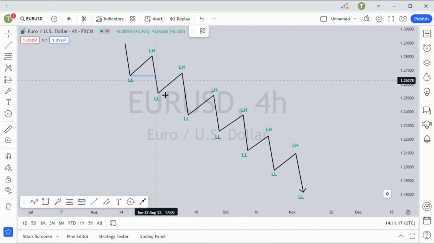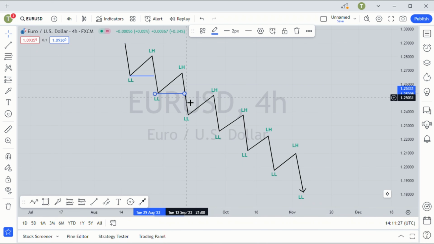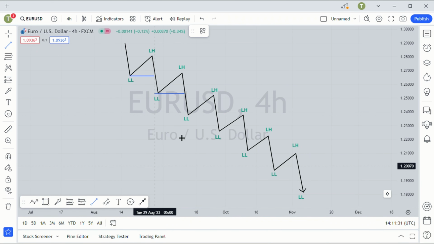The key concept here is that it is very easy to understand these key concepts of market structure. What is an uptrend? What is a downtrend? What is a sideways trend, which we're going to get into in a minute? And what are the key factors that you should avoid in a consolidating trend?